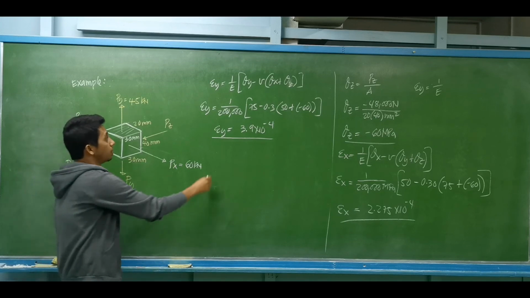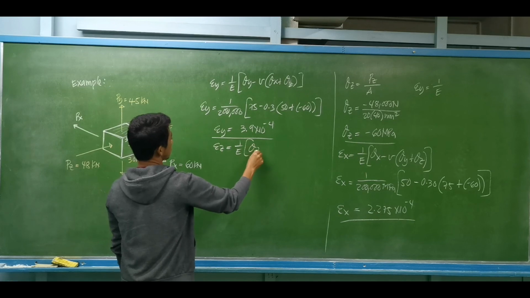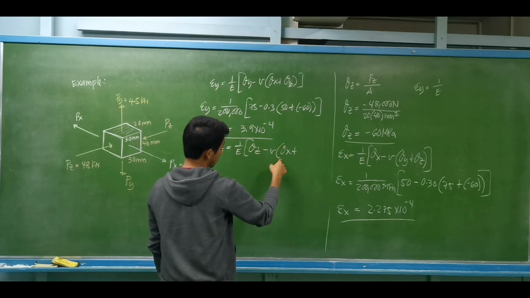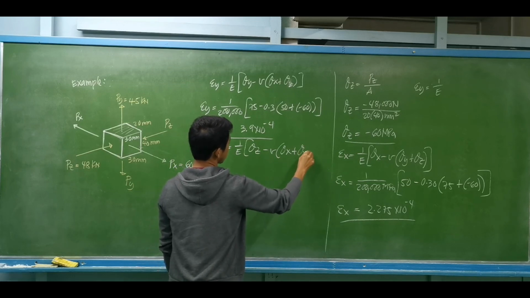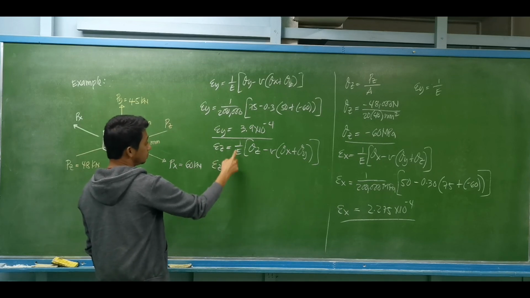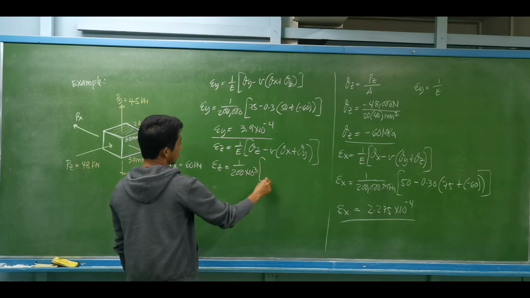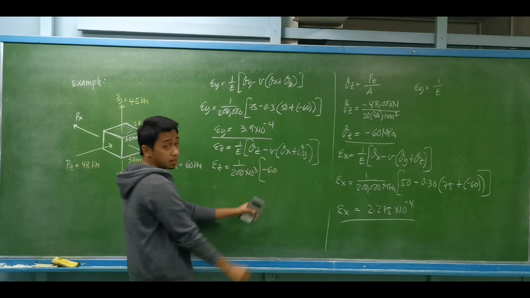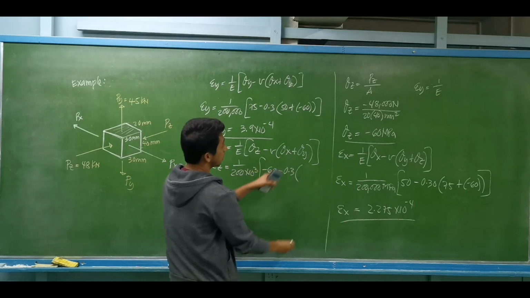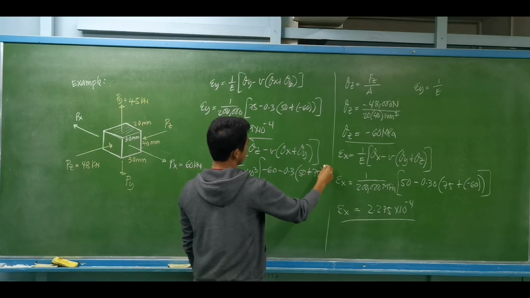And lastly, we have the strain along z equal to 1 over E multiplied by the stress along z minus the Poisson's ratio multiplied by the stress on x plus the stress on y. So epsilon z is equal to 1 over 200,000. Our stress on z is negative 60 megapascals minus 0.3 multiplied by the stress on x, which is 50, plus the stress on y, which is 75.